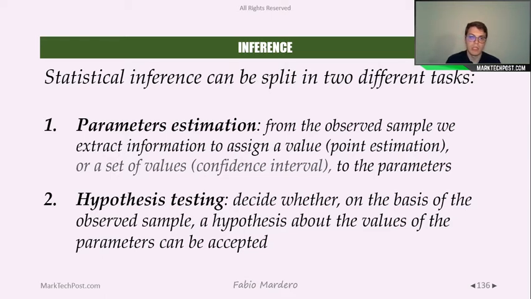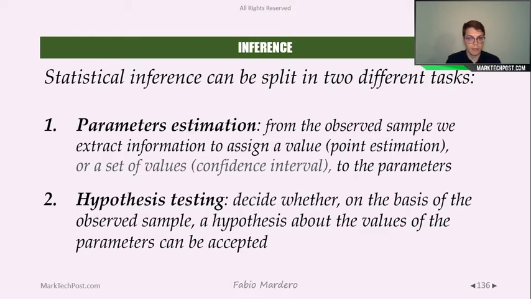For example, I say this is equal to 0 plus minus 1, so that's a confidence interval. Are you sure about that interval? Yeah, with a confidence of 99%. Alright, that's a confidence interval. If I say this parameter is equal to the value 0, that's point estimation.